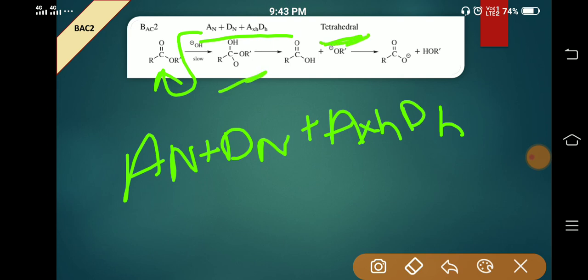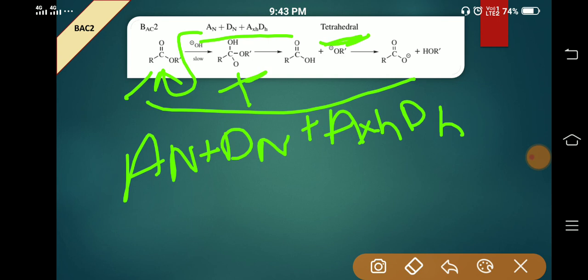As we can see, the carbon is sp2 hybridized, and in this step it becomes sp3. Also, all the steps are irreversible, because the carboxylate ion cannot be neutralized under these conditions. In base hydrolysis there is no easy proton to stabilize the carboxylate ion, so salt formation as well as alcohol formation takes place.